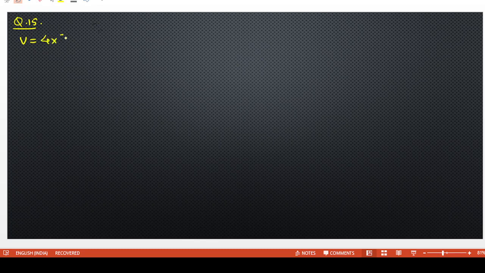It is 4x square volt. Okay, it changes only with the x coordinate. Means it is a one dimensional case. Electric field has only an x component, not y and z. Find the electric field at point 1, 0, 2.